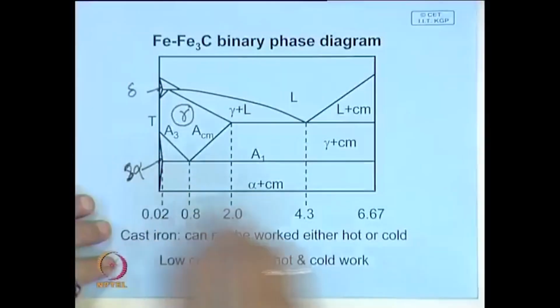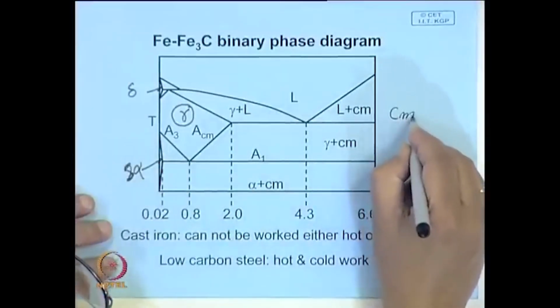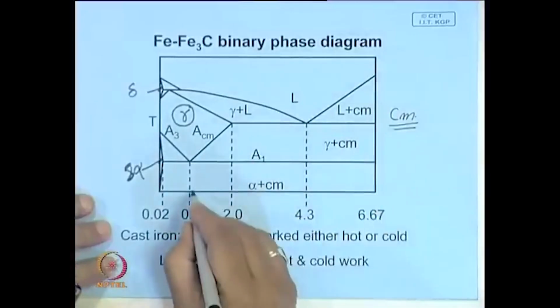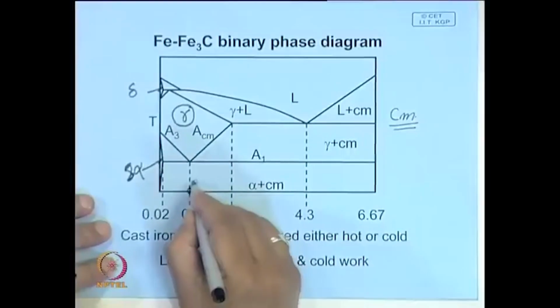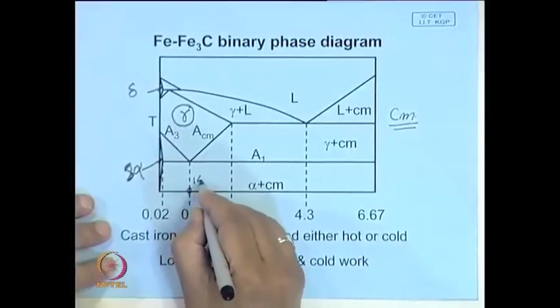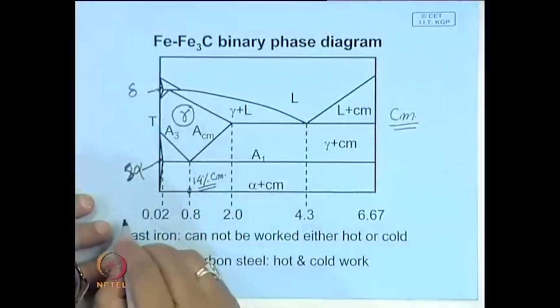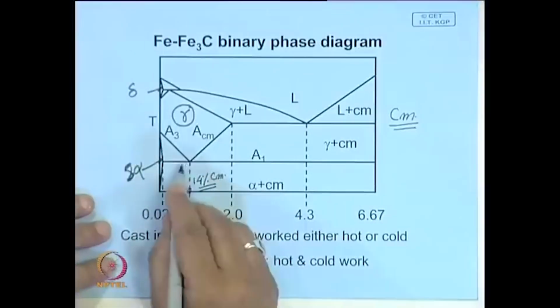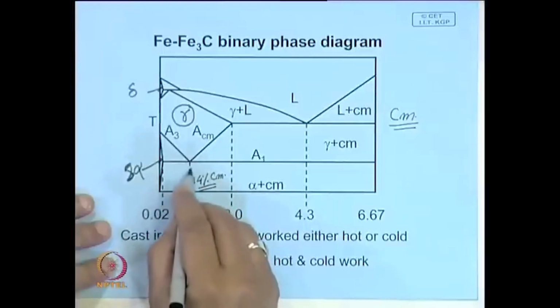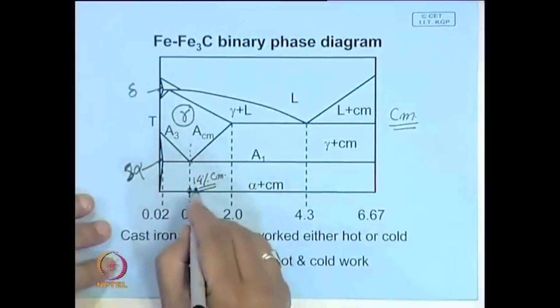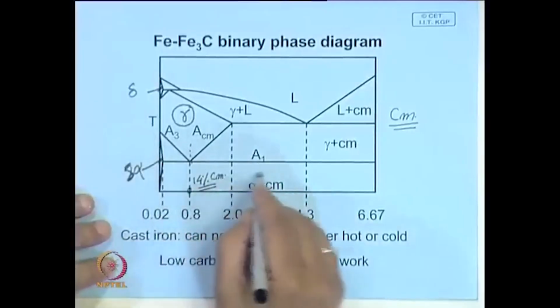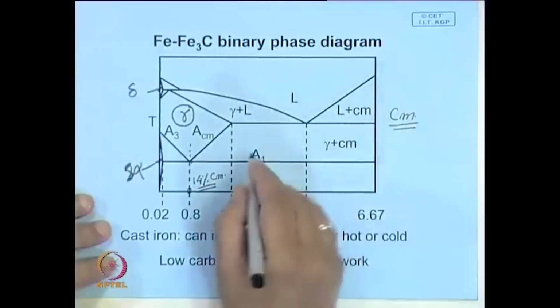Now, cementite is very hard. Up to 0.8% carbon you have around 14% cementite, so about a 1:7 ratio in the microstructure. This eutectoid steel has 14% cementite, and as you go to the cast iron regime, the amount of cementite is quite high, and cementite is very brittle.